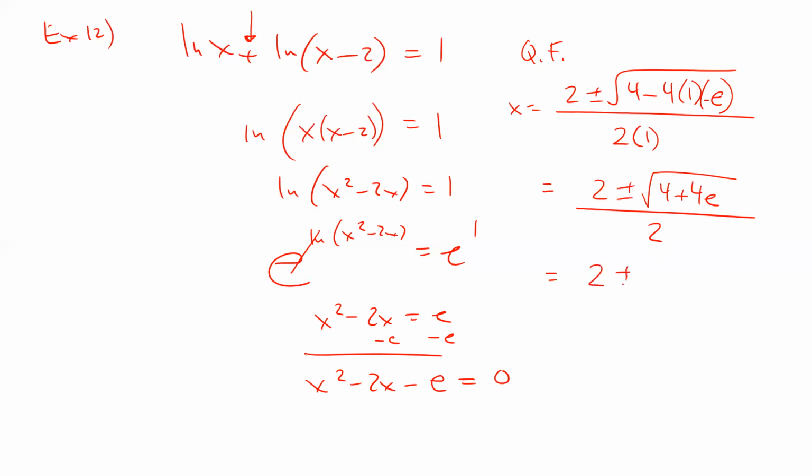Yeah, because these are both 4s, we can take that out. Everybody good there? And then we can cancel these by 2. Okay, yeah, that's about as simple as we get. On your calculator, just real quick, what is 1 plus the square root of e?